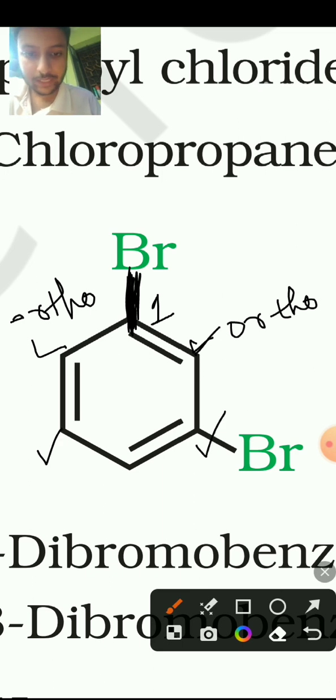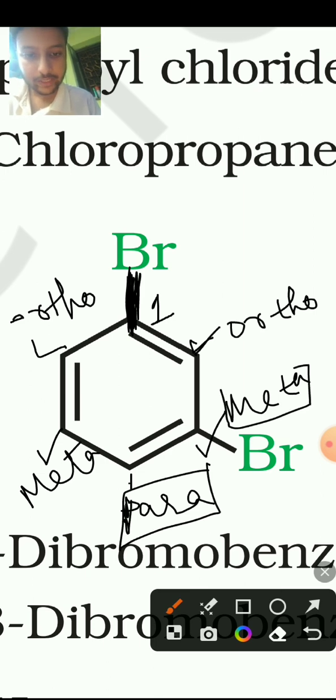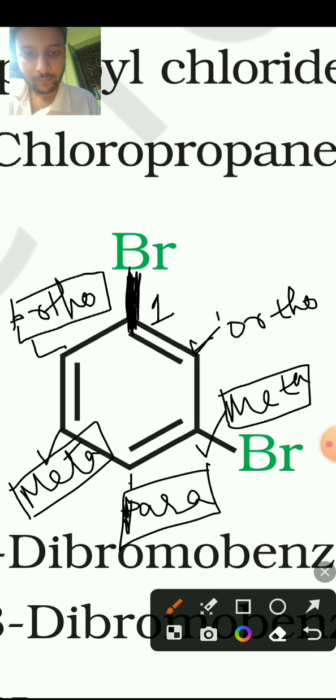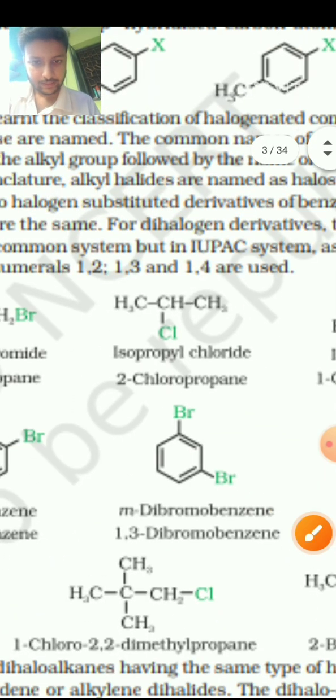These two carbons are in the position of meta. We call them meta positions. And the opposite corner to the first carbon is the para position. So this is the para position. These are meta and these two are ortho. Clear? Okay, let's move ahead.